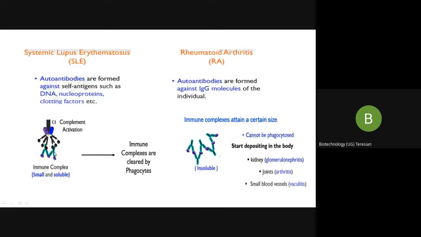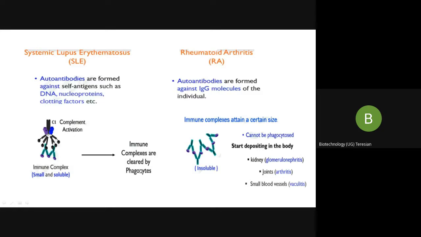When this is bound, complement 1 gets activated and binds to the Fc region of the antibody. This is known as the immune complex. These immune complexes are small and soluble, so they can be removed from your body by phagocytosis. They can be precipitated, so that is how they are cleared.